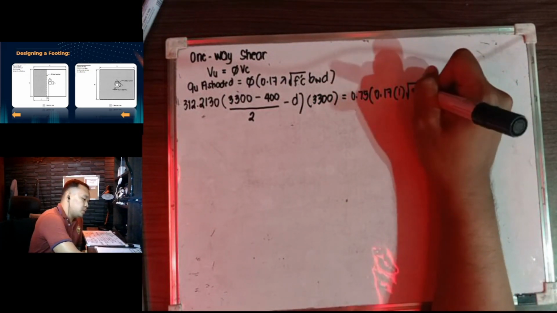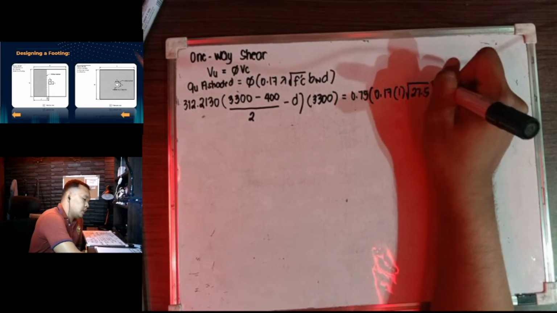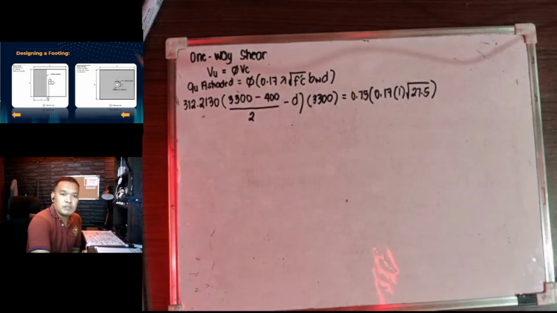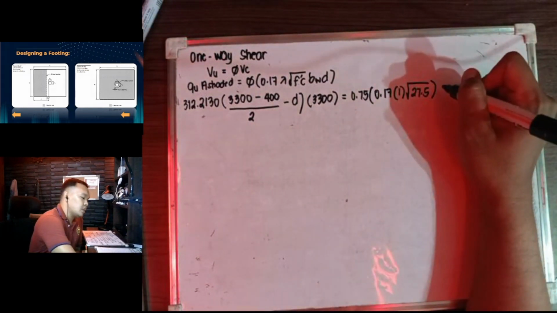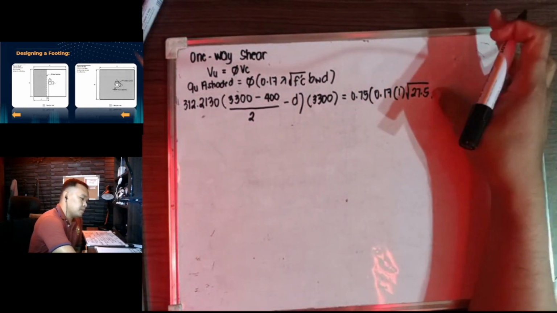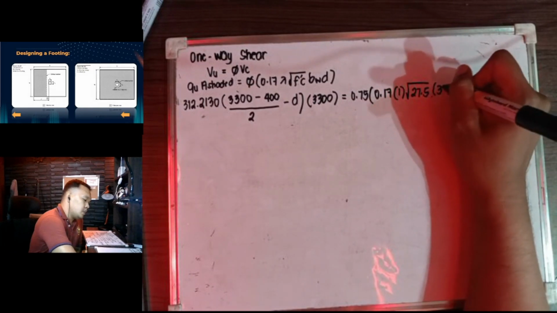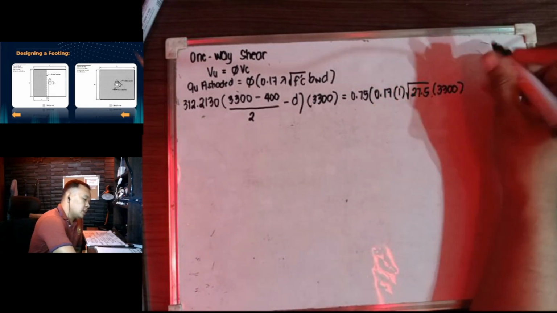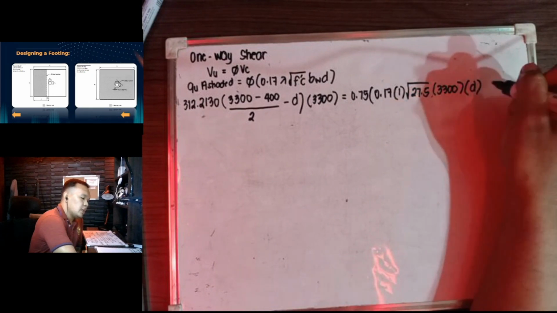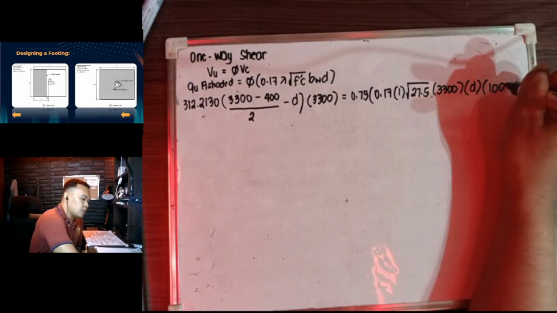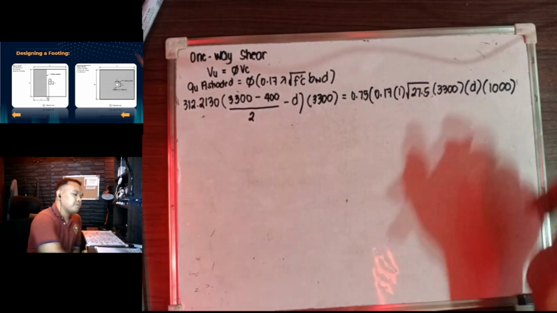Square root ng f'c, which is 27.5. The bw here is mismong itong length na to. So, equivalent siya kay 3,300. Multiplied by 3,300 times d times 1,000. Okay?